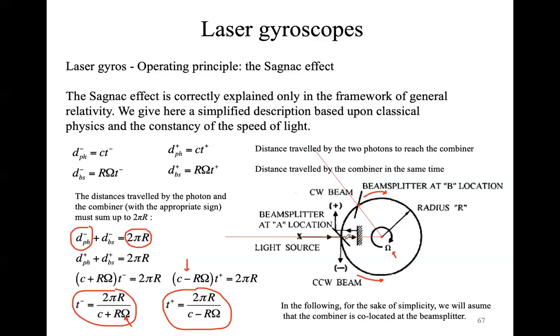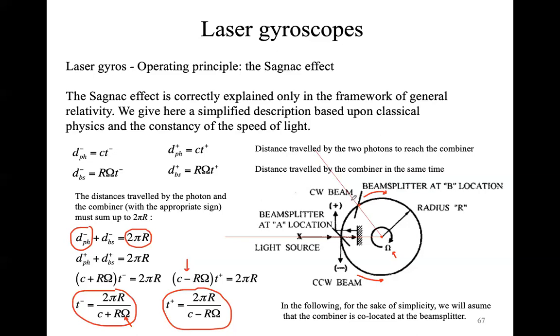So what I mean is that since the beam is going to approach the detector after 2 pi r, so the entire loop of the ring, this velocity here will indeed be C plus R omega.